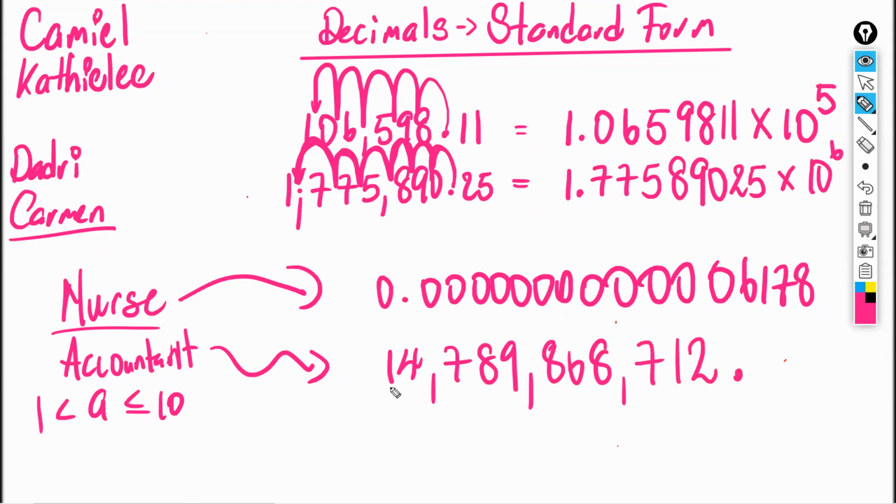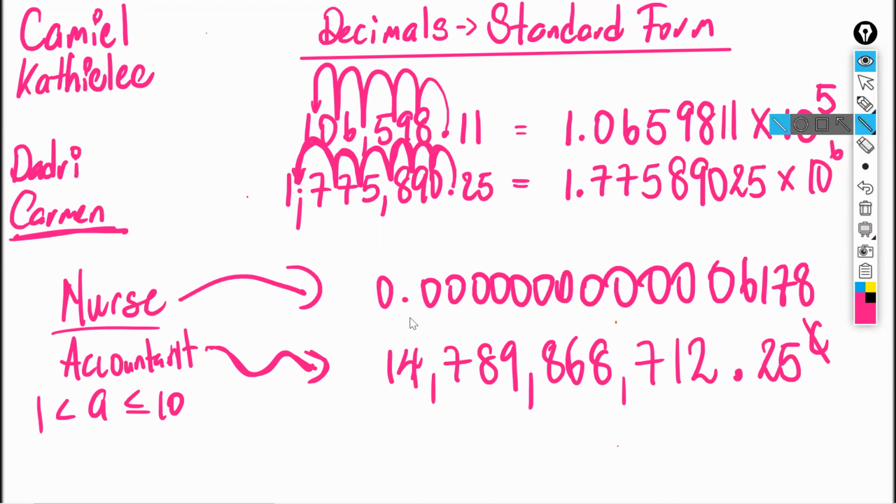This is what $14 billion looks like in terms of numbers: 14,789,868,712. Suppose this is the balance on the balance sheet for Carmen, because Carmen is an accountant now, and she needs to round this up or round it down.